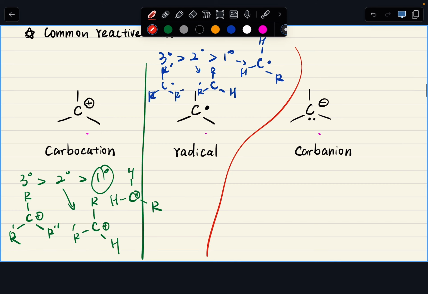Carbanion is a special case, because for carbanion, your primary carbanion is more stable than secondary, than tertiary. But the same definitions apply, right? Primary, only 1 R group. Secondary, 2 R groups. Tertiary, 3 R groups on it. And these are my intermediates. That's a reactive intermediate. It will be formed and consumed right away.